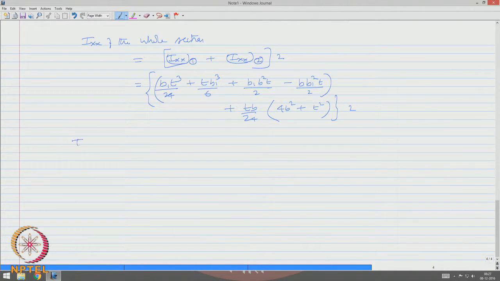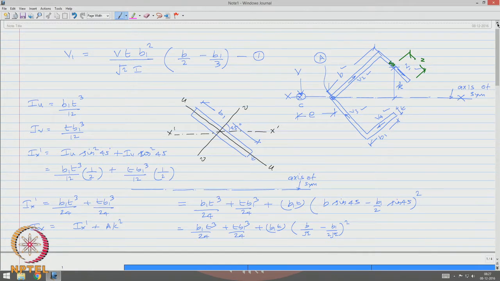Now, one can find E by taking moments about A, you are taking moment about this point.